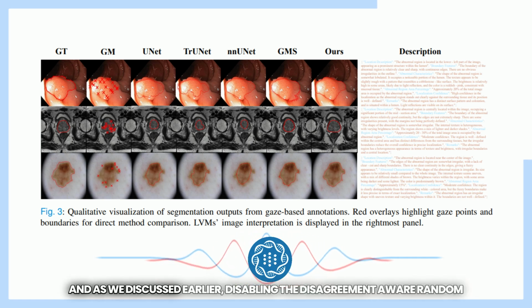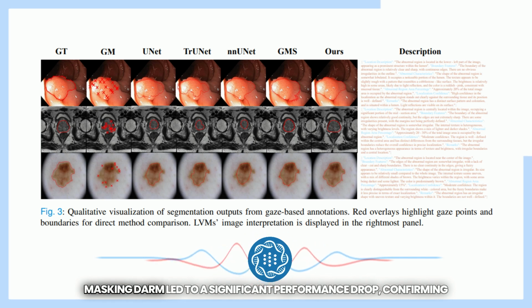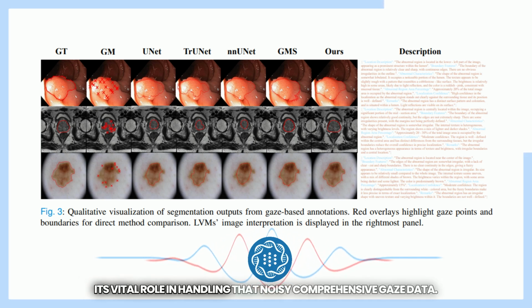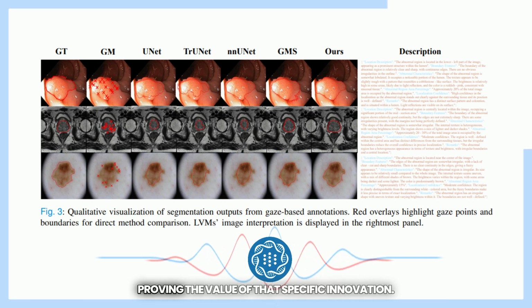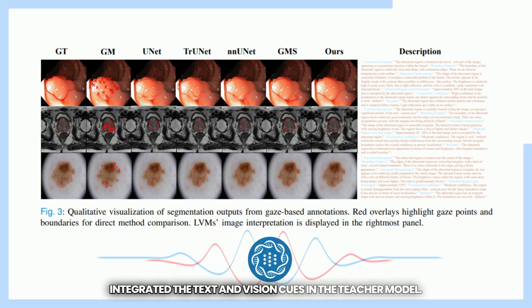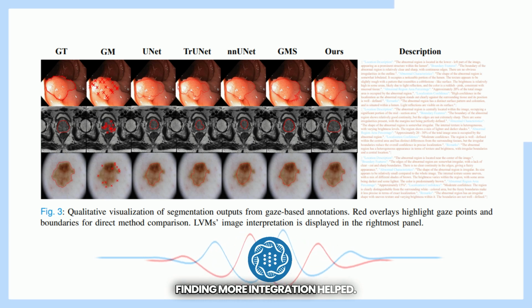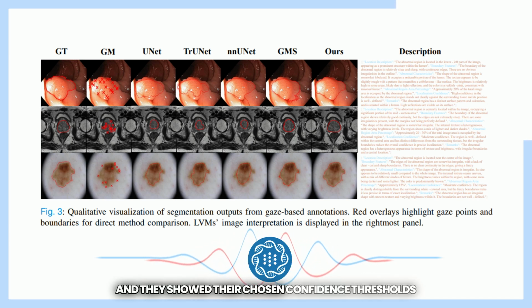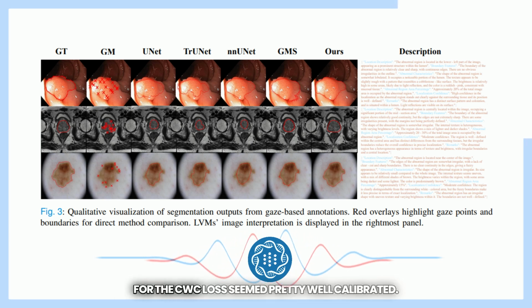And, as we discussed earlier, disabling the disagreement-aware random masking, DARM, led to a significant performance drop, confirming its vital role in handling that noisy, comprehensive gaze data. Right. Proving the value of that specific innovation. They also experimented with how deeply they integrated the text and vision cues in the teacher model, finding more integration helped, and they showed their chosen confidence thresholds for the CWC loss seemed pretty well calibrated.